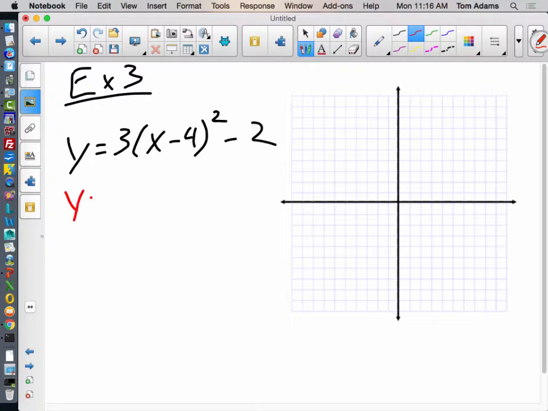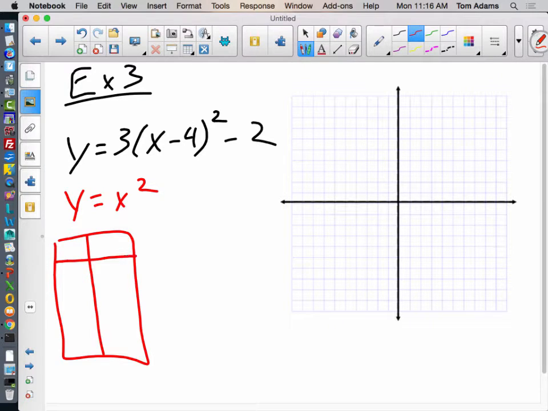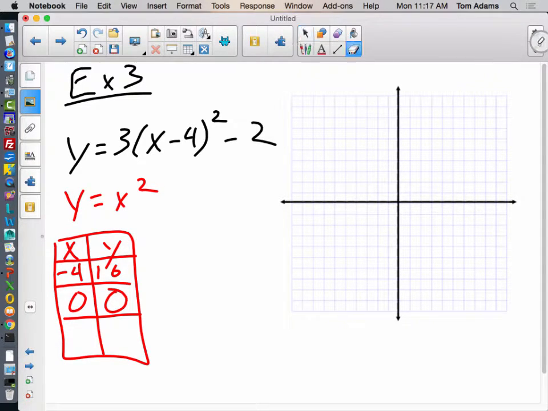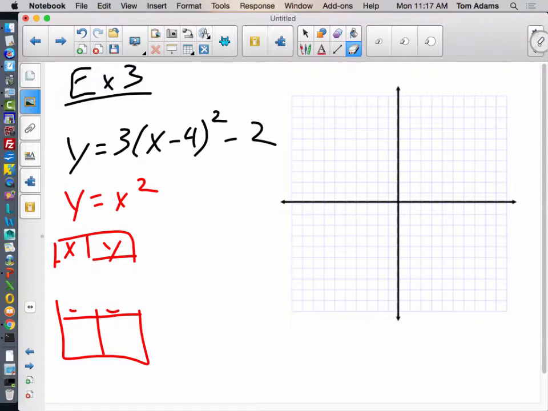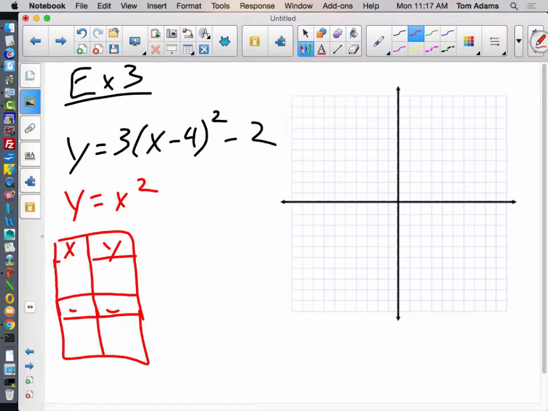Well, if I say y equals x squared, and I make my little table of values, where this is x and this is y, I'm going to plug in 0, which gives 0. And then if I do negative 4, what's negative 4 squared? 16. Actually, let's make that a smaller number. Let's make it 2.